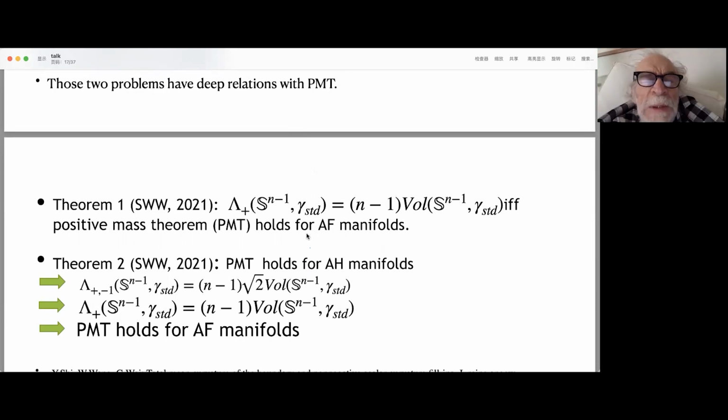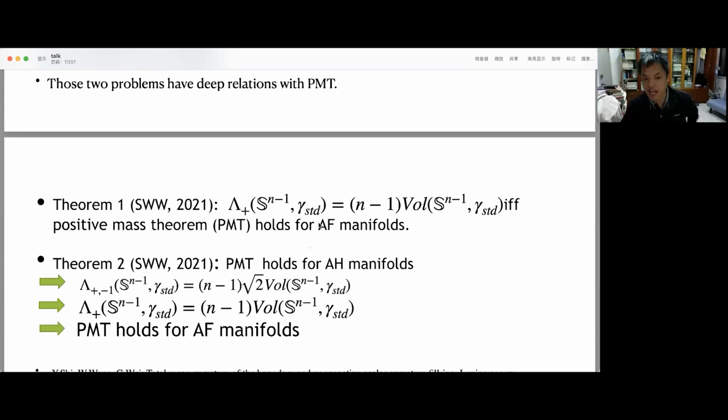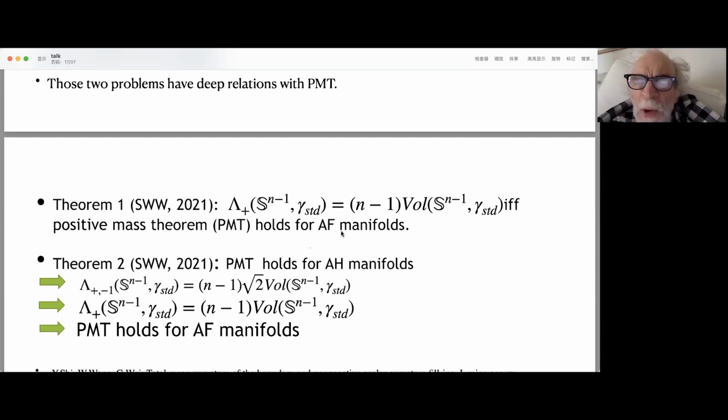No, and I think positive mass is true at least for all spin manifolds. It's proven. So what is the issue of it not being true? I'm somewhat confused. No, for any manifold, not only spin. So this is the point, not necessarily spin. Yeah.